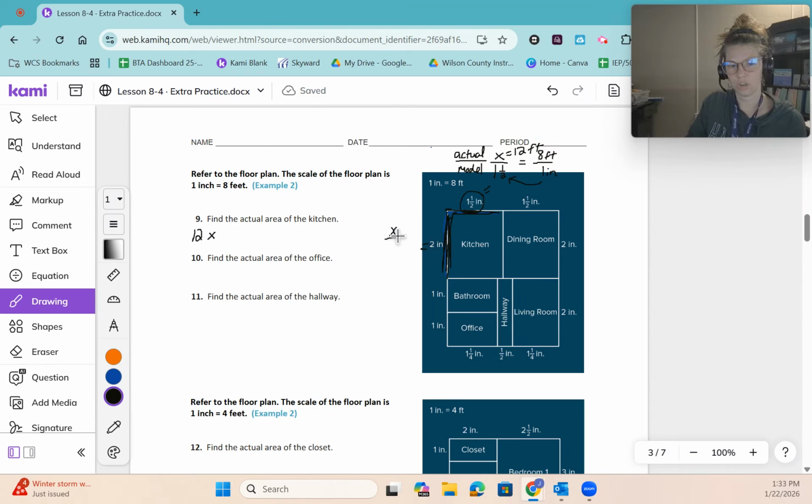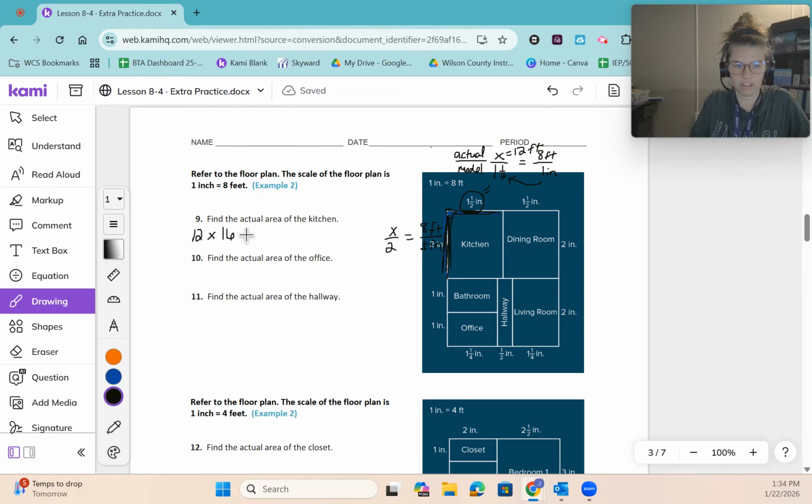So x over 2 inches is how many feet over 1 inch? Again, 8 divided by 1 is 8, times 2 is 16. So that's going to be a 12 foot by 16 foot kitchen.